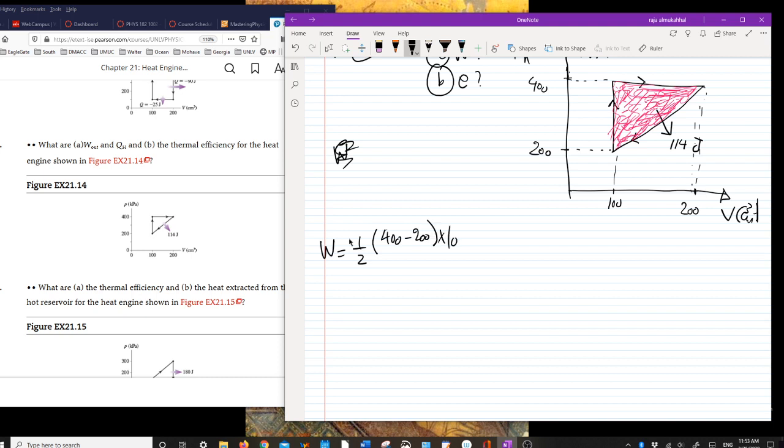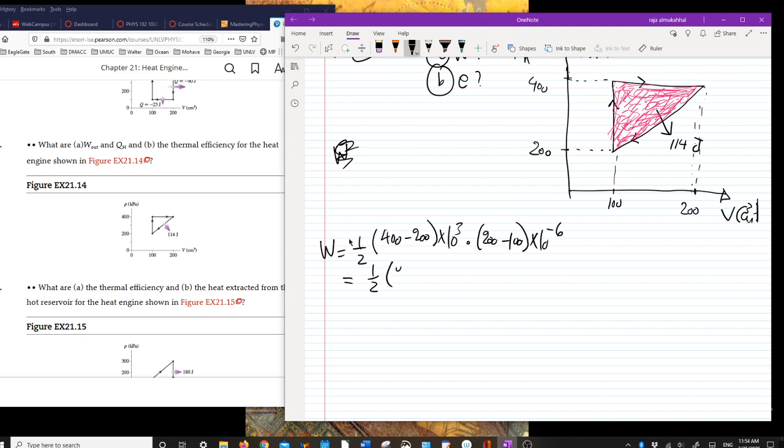Times 10 to the third, the scale of Pascal, times the base, which is 200 minus 100 times 10 to the negative 6. So that'll be 1/2. I hope I did it right. Does that sound right to you?